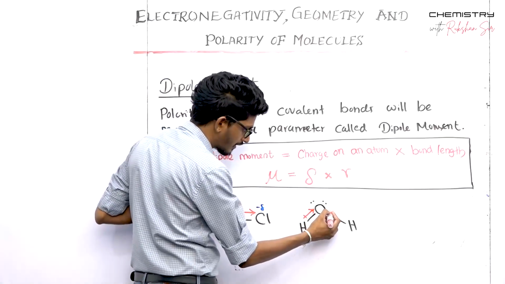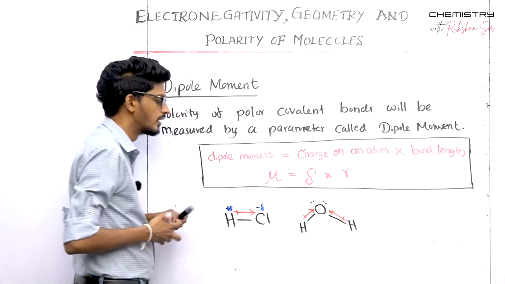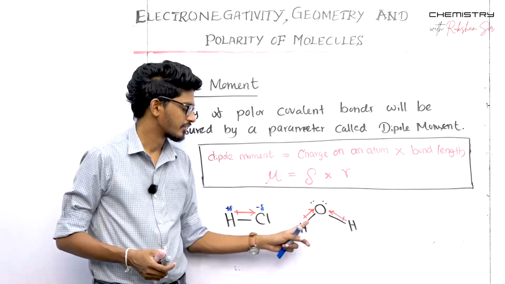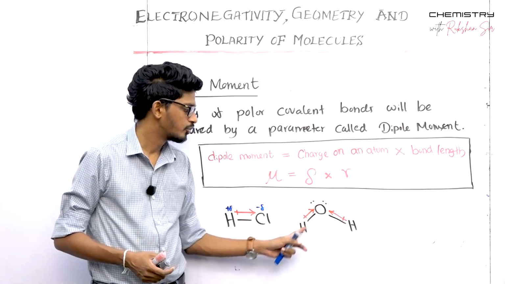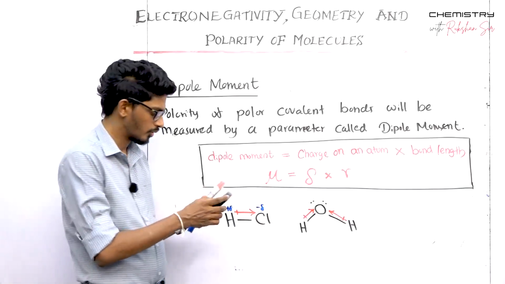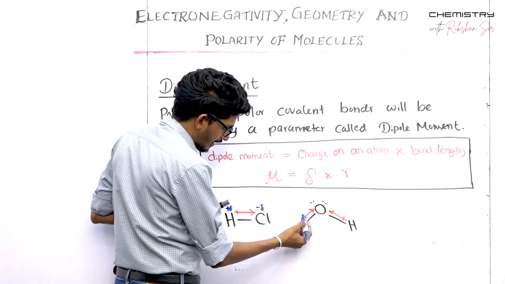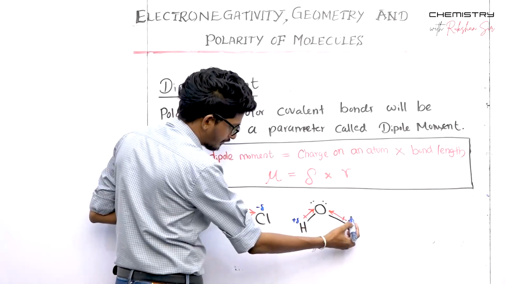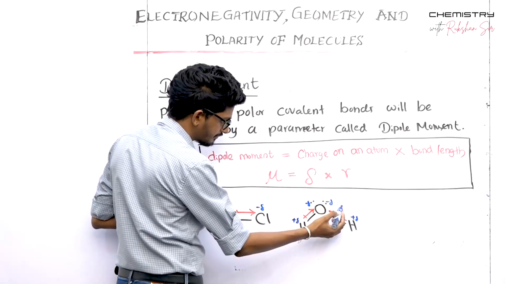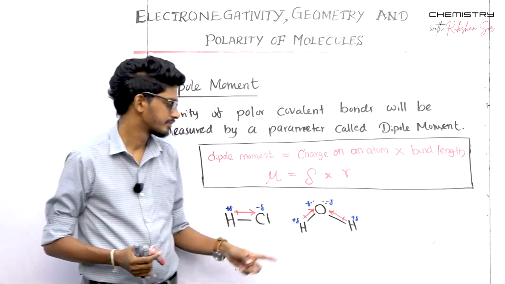For this bond, it will be marked like this. This is how to mark the directions of the dipole moments of the two OH bonds. Always the arrow tail towards the electropositive atom and the arrow head towards the electronegative atom. So that will give you the direction of the dipole moment.